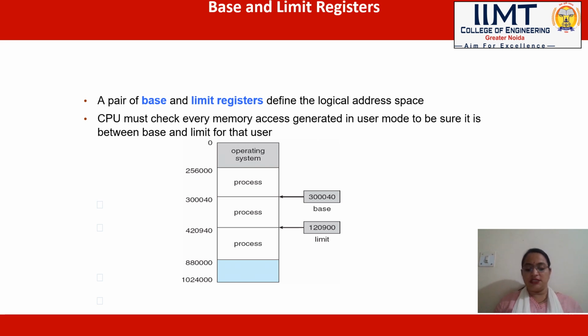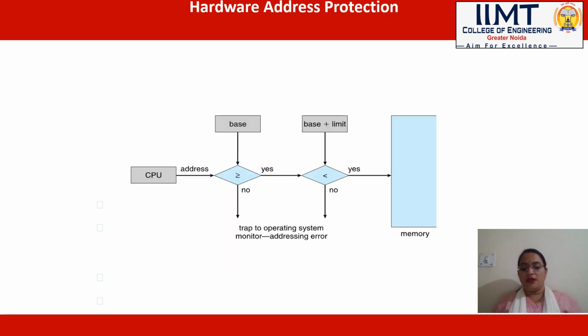The base register contains the starting address, while the limit defines the range of addresses. Here the address generated by the CPU is referred to as the logical address. This logical address is compared with the base.